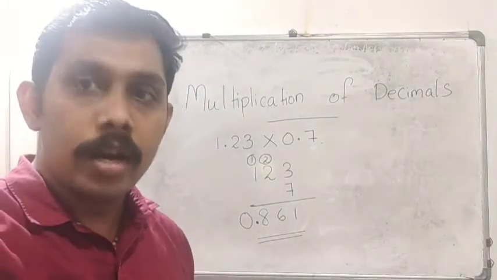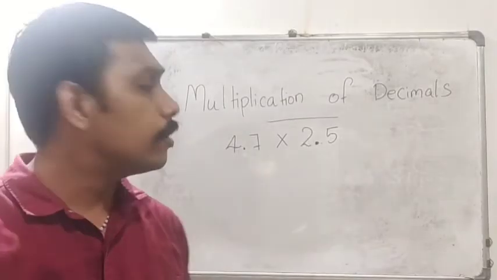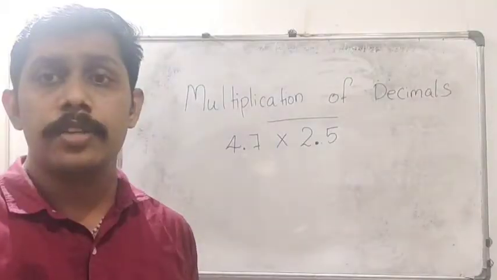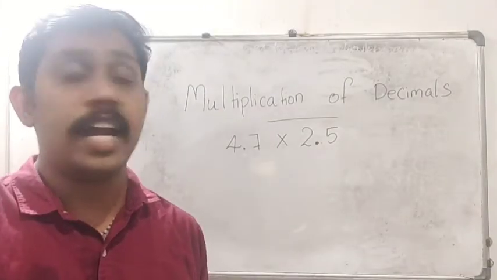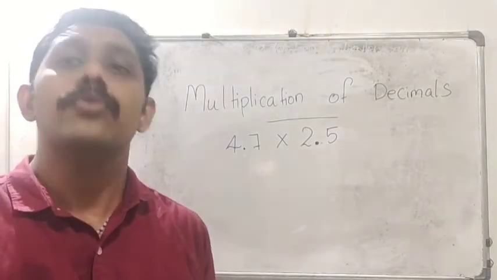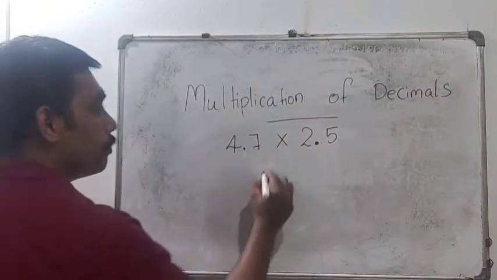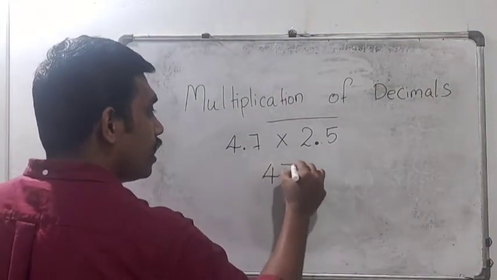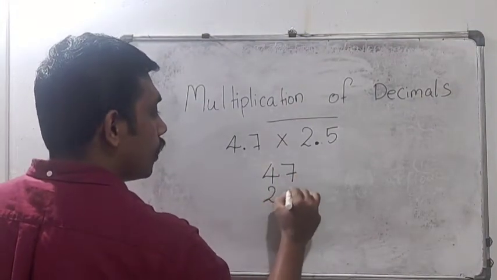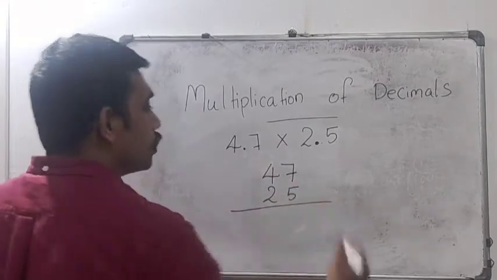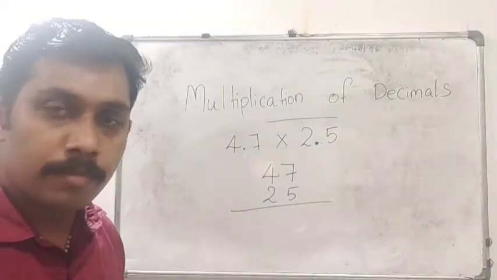And let's do one more example. Okay, look at here. Here we have the numbers 4.7 and 2.5. First step, remove the decimal. So the numbers become 47 and 25. Now multiply the numbers. You know how to multiply the given numbers.